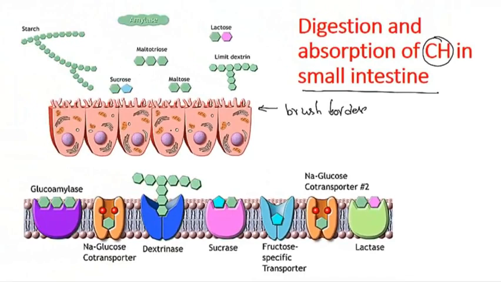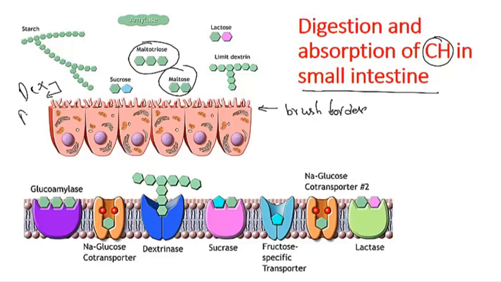In this case, normally glucoamylase breaks down maltose. So there are different enzymes. Glucoamylase breaks down maltose and maltotriose. Dextrinase breaks down dextrin. Okay, I'm not writing it here. So dextrin is broken down by dextrinase.